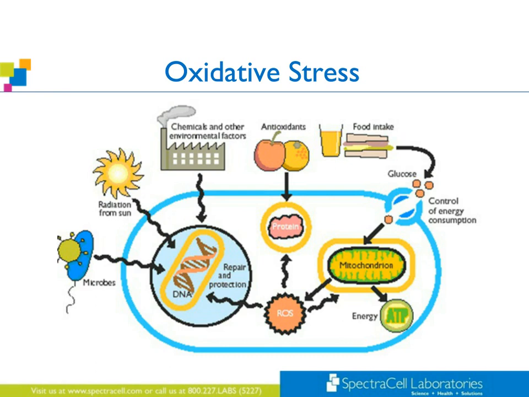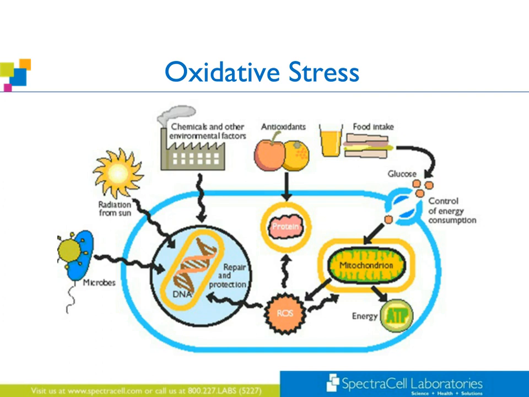This nice little diagram points out several of these, for example, infections and microbes, but also too much sun exposure. Sun worshipers' epithelial skin cells will react over time to too much radiation from the sun, causing significant damage and then leading to cancers. Chemicals and environmental factors are very important.